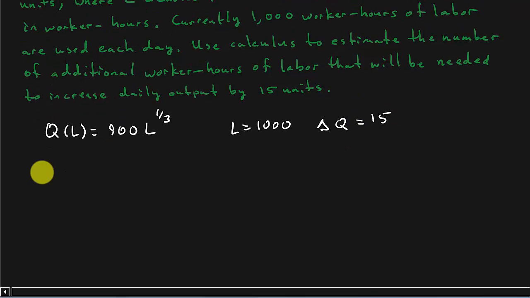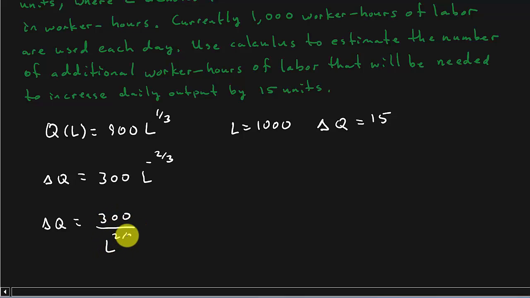So what we need is delta Q equals 300 L. The 1/3 comes down, subtract 1 from the exponent, so that's to the negative 2/3. So delta Q equals 300 over L to the positive 2/3. Remember, if you move something across the fraction bar, it changes the sign of the exponent.